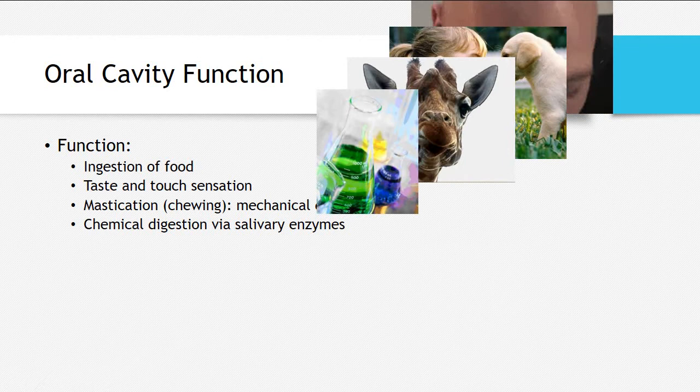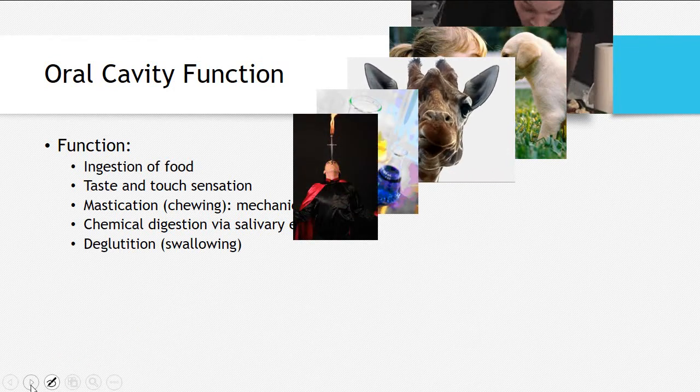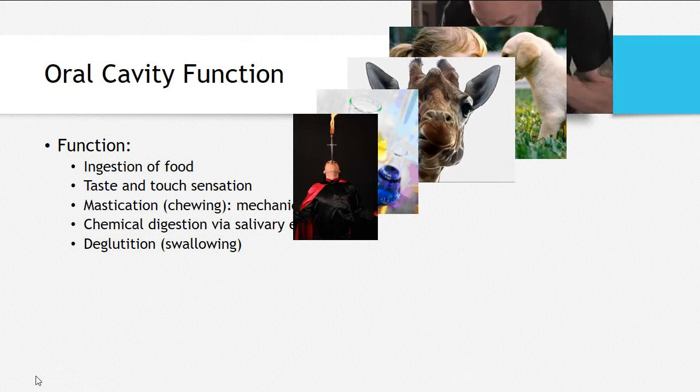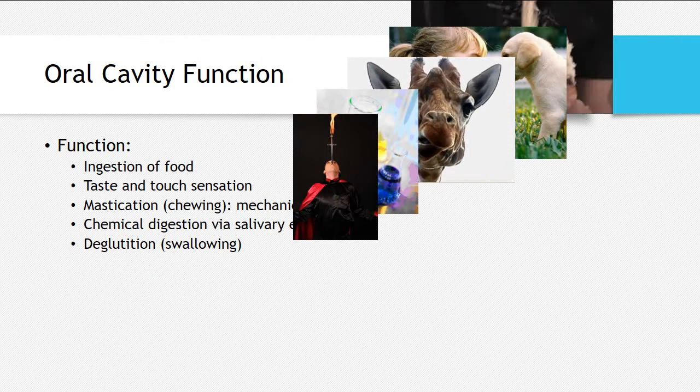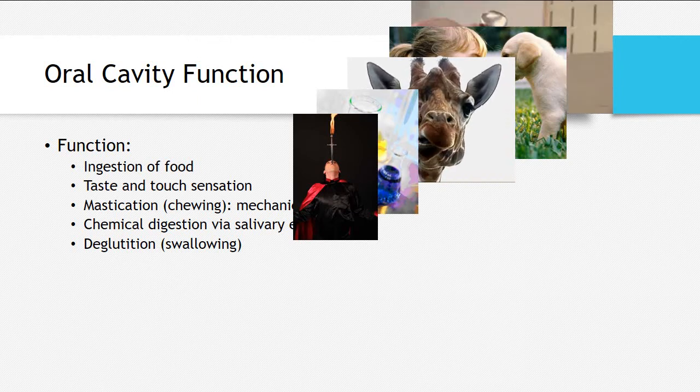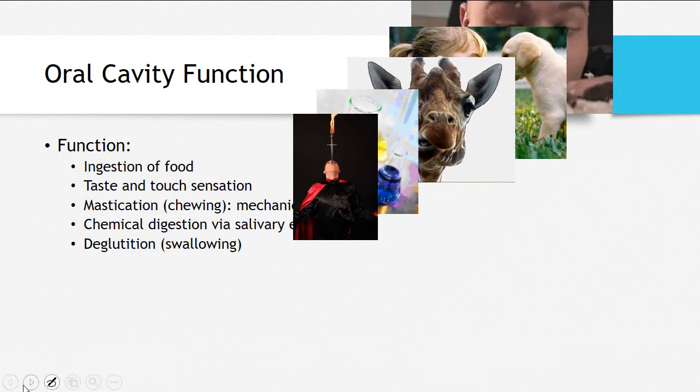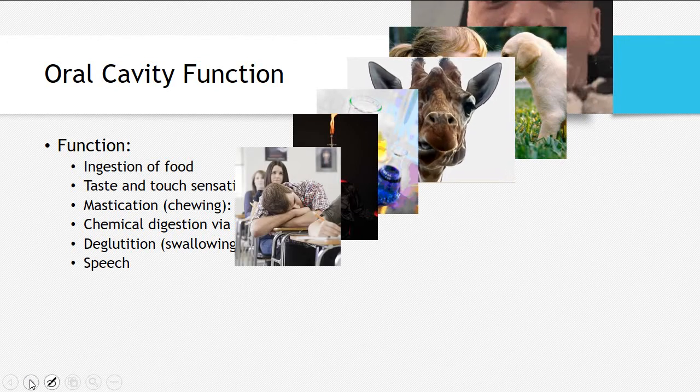One is digestion of carbohydrates. The other is lipids, but it doesn't really occur in the oral cavity, and we'll talk about that in just a second. Deglutition is the fancy way of saying swallowing, but you do need to know what deglutition is. And then we have speech as well as part of the oral cavity.